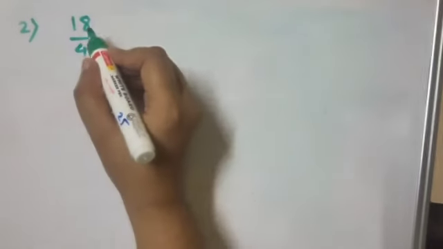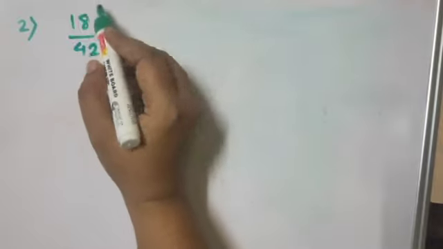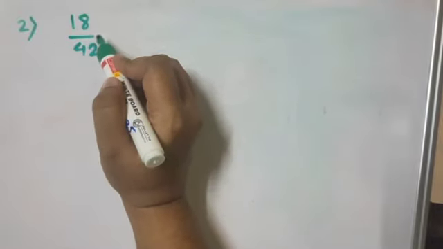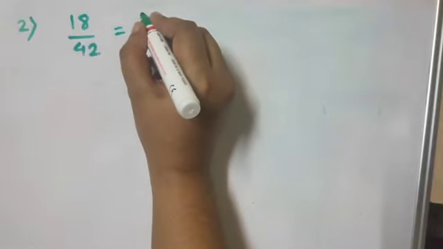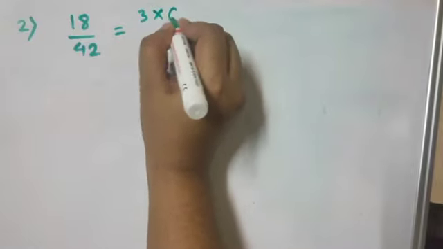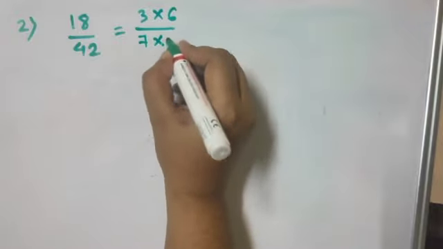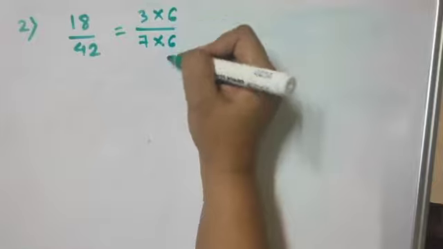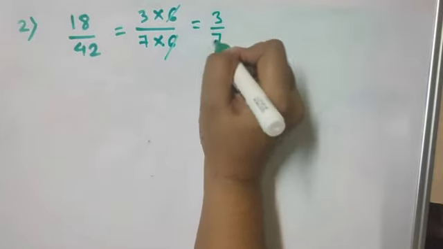Let us see the second question. 18 upon 42. If you observe this 18 upon 42, you can write it like 3 into 6 upon 7 into 6. This 6 gets cancelled. This is equal to 3 upon 7.